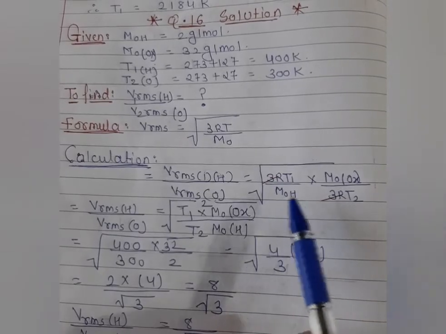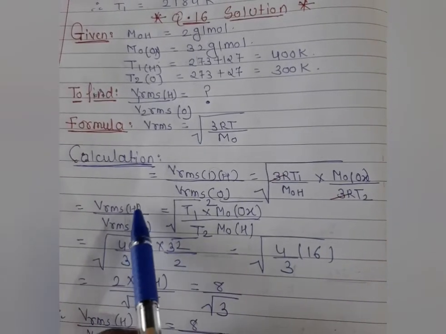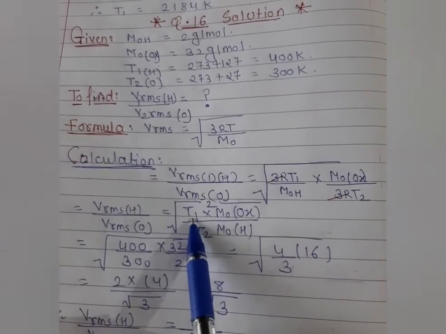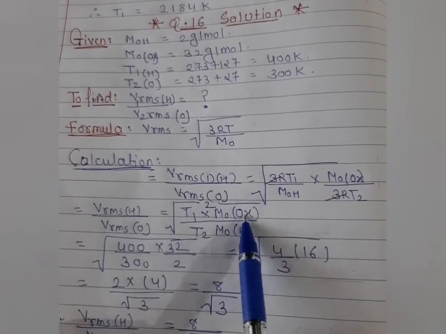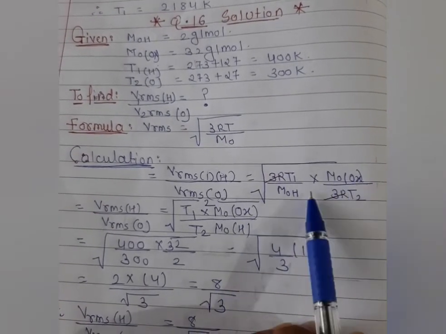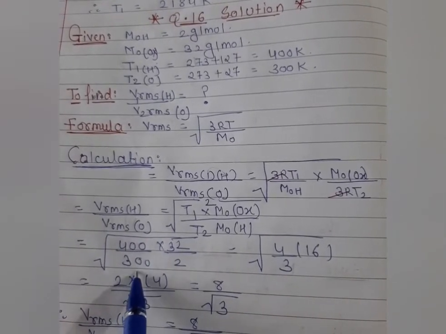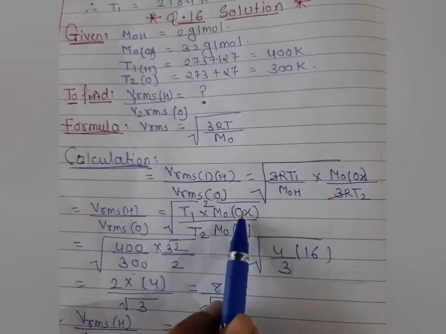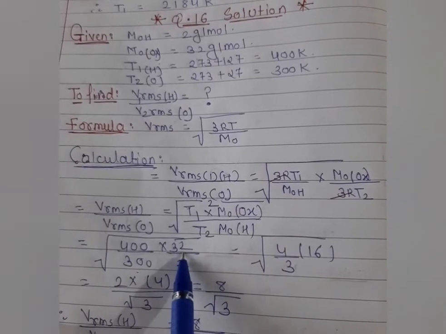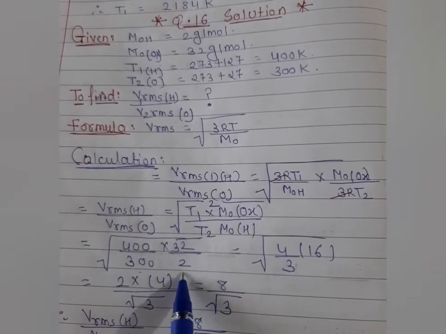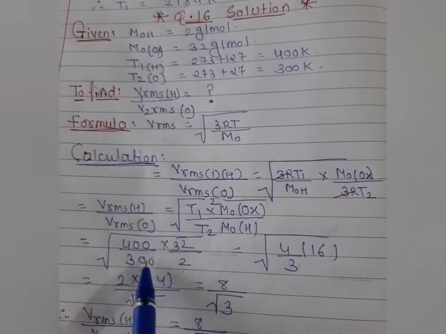So 3R gets cancelled out. And for the ratio of hydrogen and oxygen, after rearranging the terms, we get T1 by T2 times the mass of oxygen by the mass of hydrogen. Then T1 is 400 and T2 is 300. The molar mass of oxygen is 32 and of hydrogen is 2. So let's cancel out the zeros here.